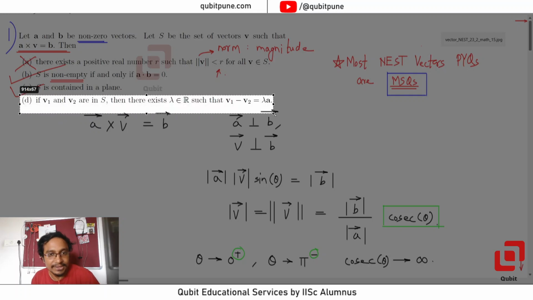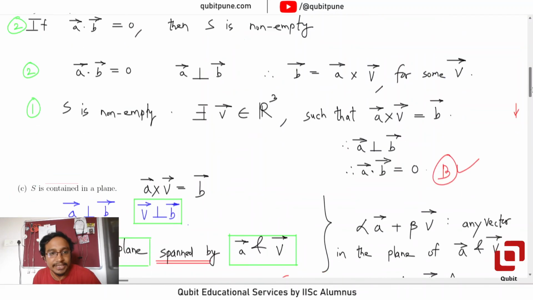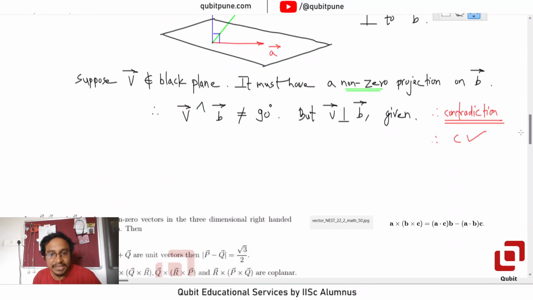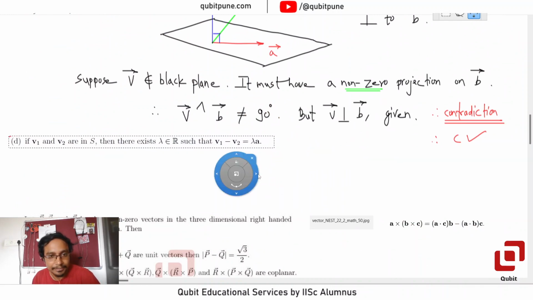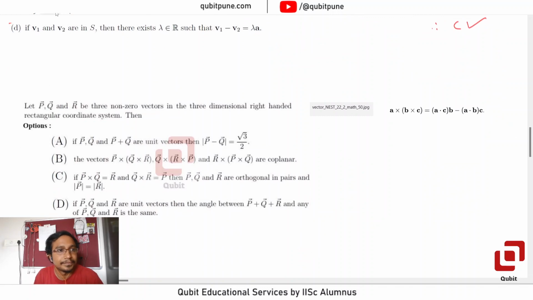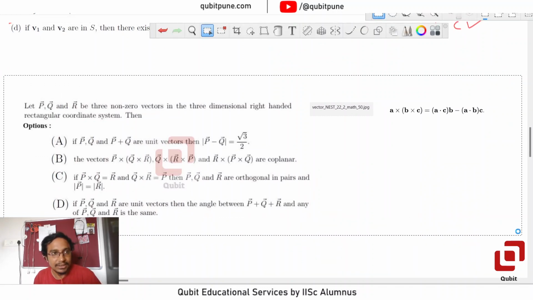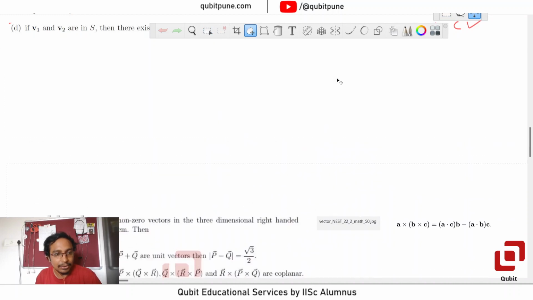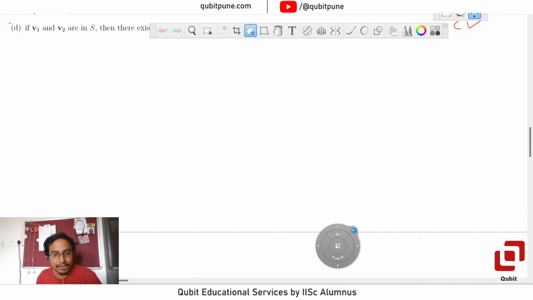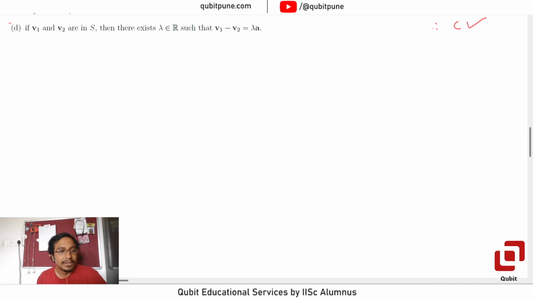I think option D is simple actually. Let's check it here. Do you want to try this? Okay, let's see how it can be done. They are saying if V1 bar and V2 bar are in S, then there exists lambda such that V1 bar minus V2 bar is equal to lambda A bar.